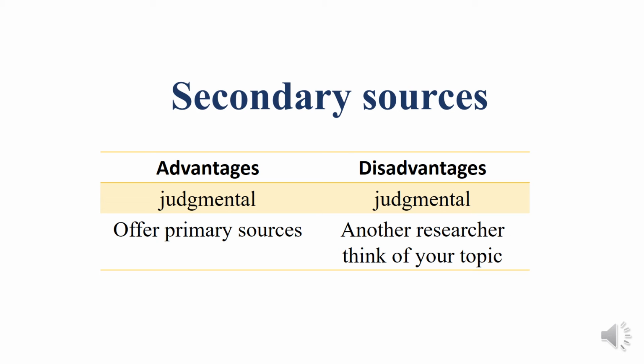There is another researcher who thought about my topic. Okay, because as we mentioned in selecting a topic, my topic should be unique and not searched or talked about before. It should be new and add some new information, and this is a disadvantage.